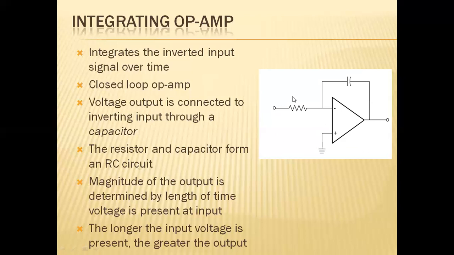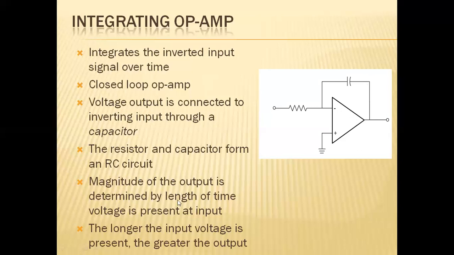Upon the connection of the output to the inverting terminal, that is negative, while positive is non-inverting, this loop, or circuit, has been framed as an RC circuit, with this resistor R and capacitor C.